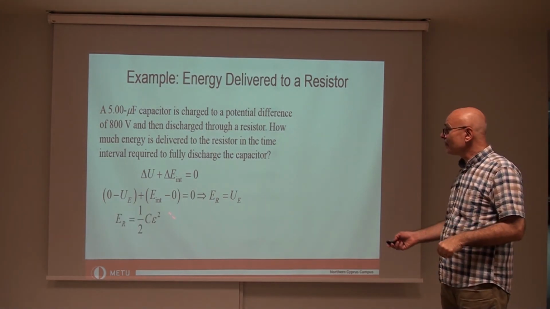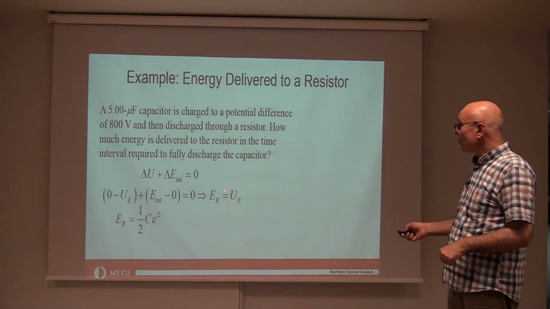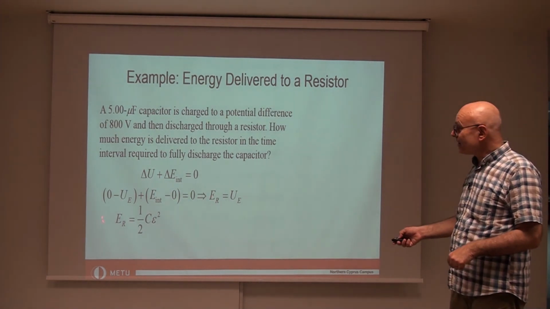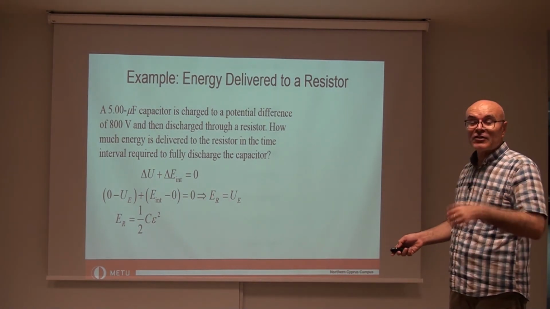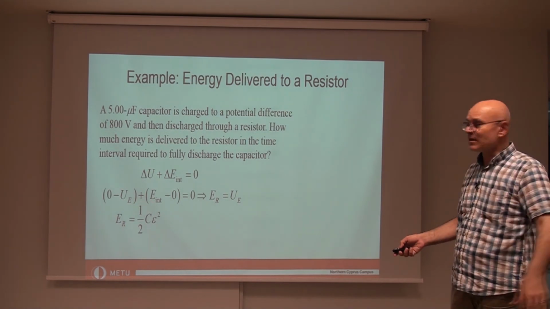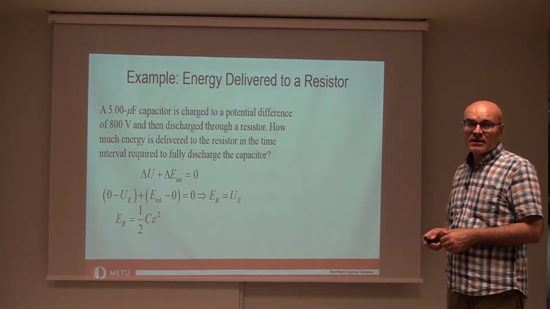We know what this is: it is 1/2 C E squared. So the energy delivered to the resistor is just the initial potential energy stored in the capacitor, which eventually it loses. That is the expression for it.